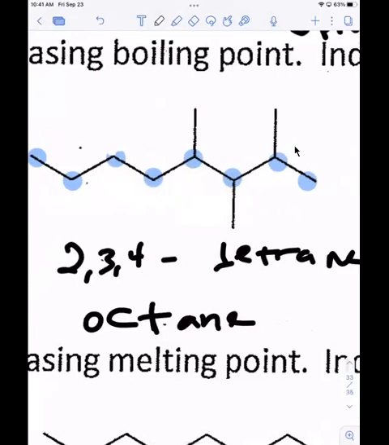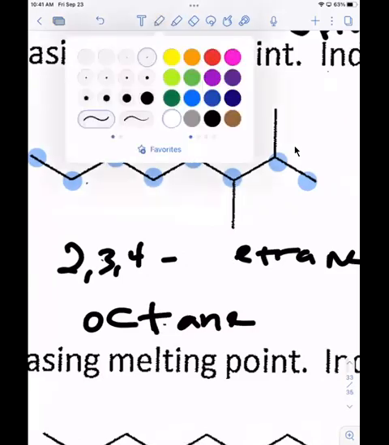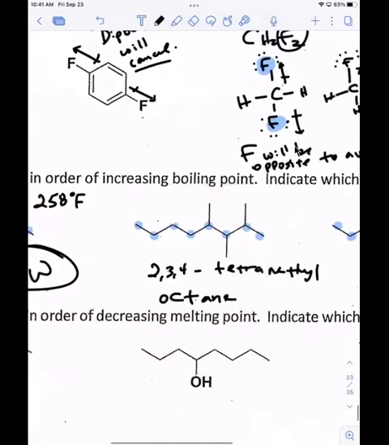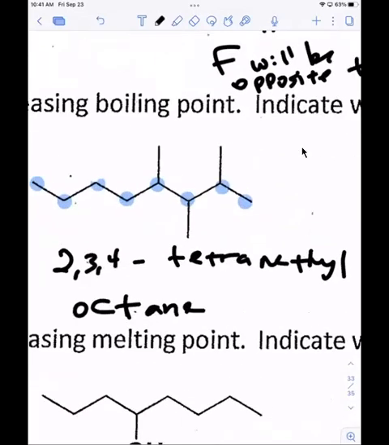So 2, 3, 4. Let's compare that to the other two. The boiling point I have is 180 degrees Celsius. So we need to convert that to Fahrenheit. So 356.